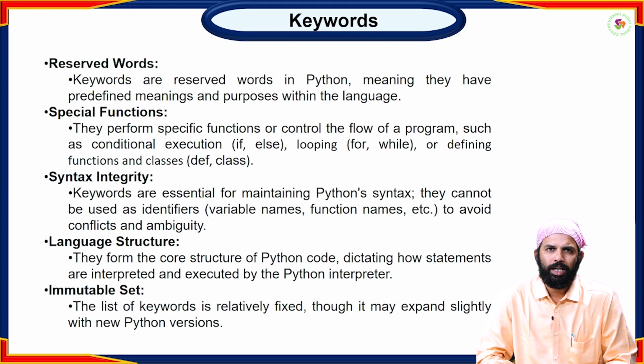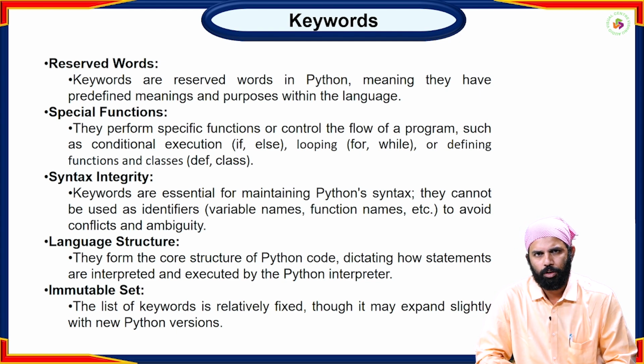They cannot be used as an identifier, like variable names, function names, class names or anything else that does not represent a reserved kind of working. To avoid conflicts and ambiguity, we should not use keyword names as identifier names.